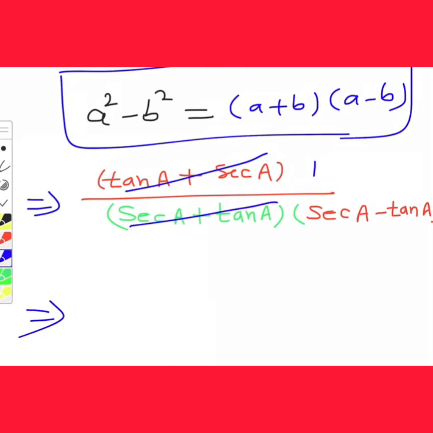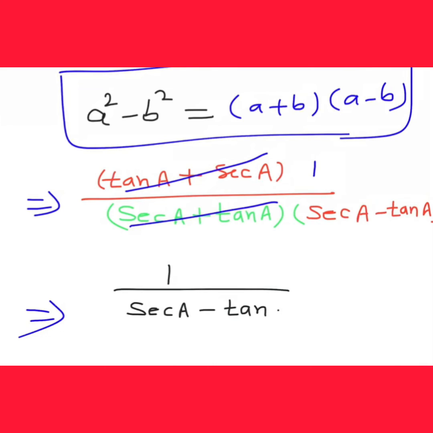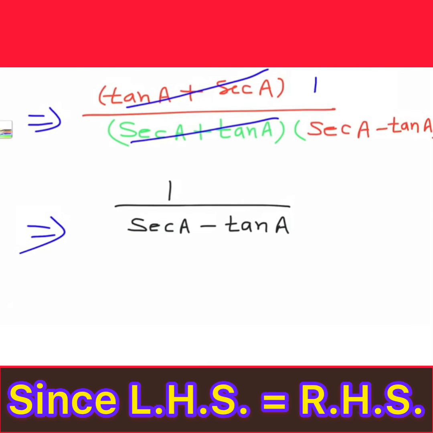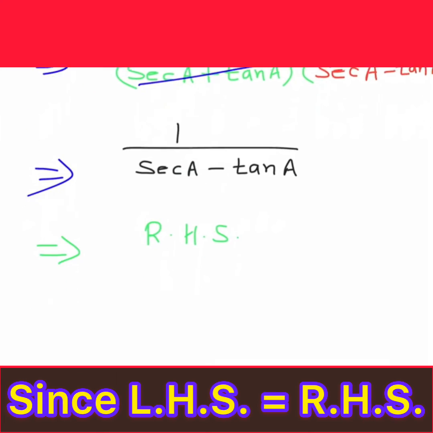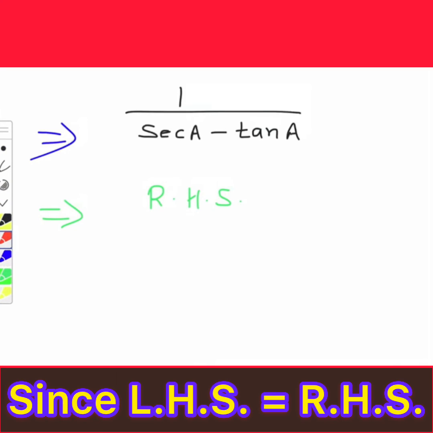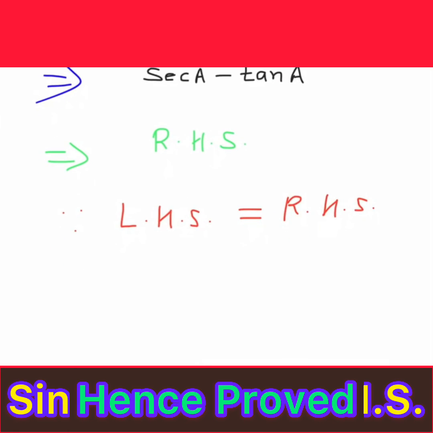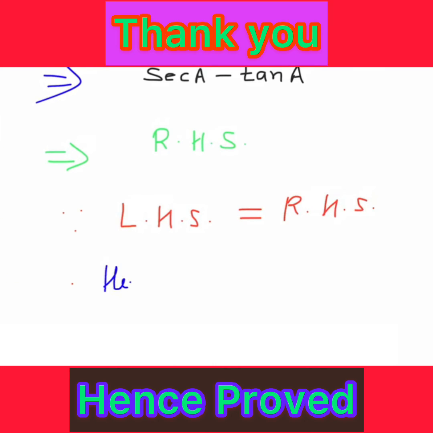So you can write the last expression as 1 upon sec A minus tan A. And this is your right hand side. Finally you can write that since left hand side equals right hand side, hence proved.